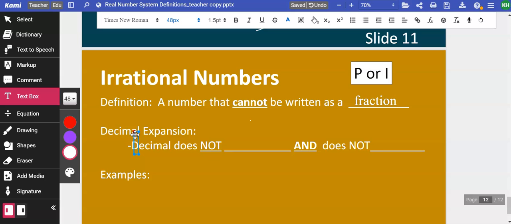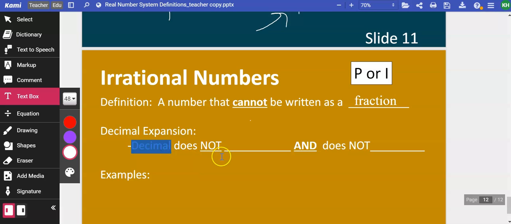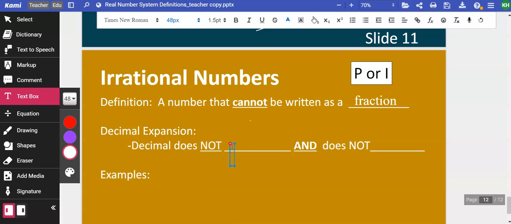The decimal expansion for irrational numbers, when you look at the decimal, does not terminate, and it does not repeat.